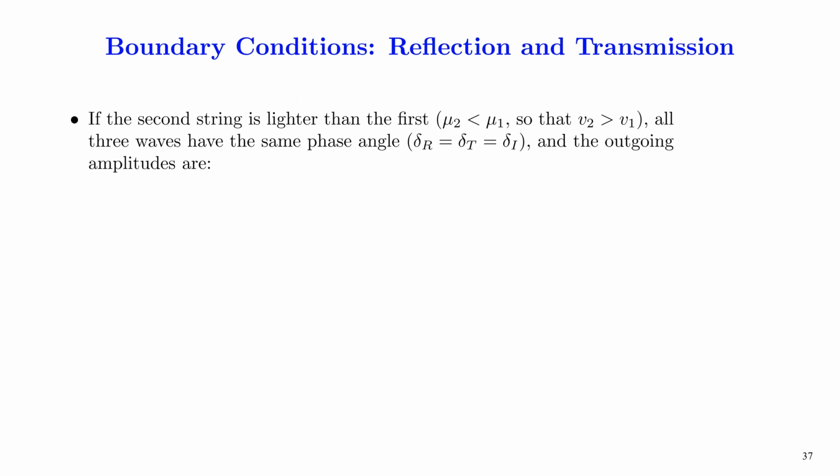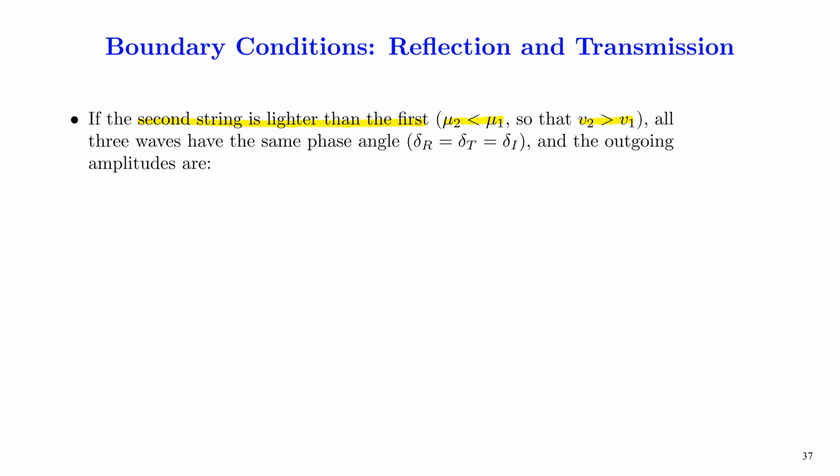We'll now consider 3 cases. In the first case, the second string is assumed to be lighter than the first, so that mu2 is less than mu1 and therefore v2 greater than v1.